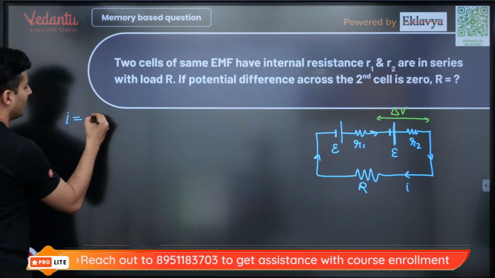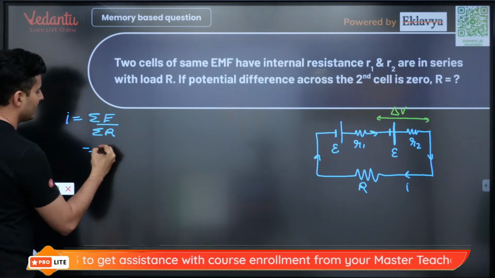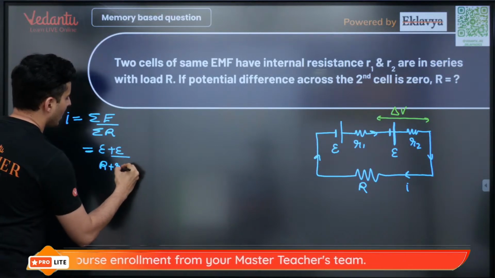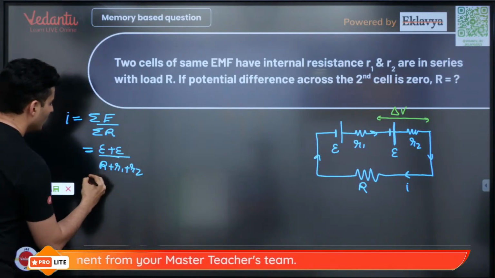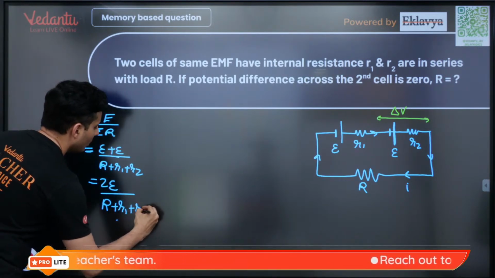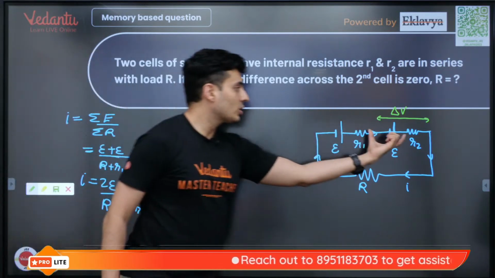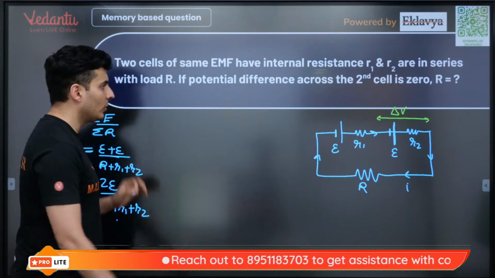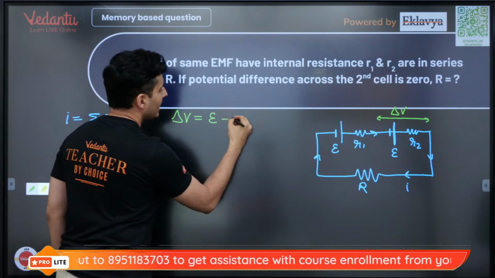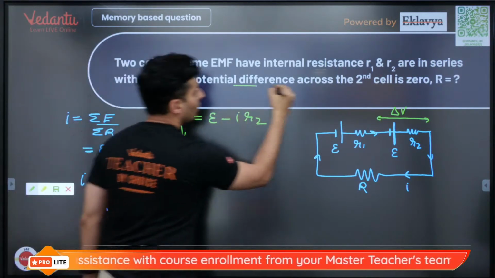The current will be given by total EMF by the total resistance, because everything is in series. Total EMF is E plus E, total resistance is R plus R1 plus R2. So it will be nothing but 2E divided by R plus R1 plus R2. That will be your current. As per the question, the voltage drop across the terminals of the second battery is 0. So basically delta V will be E minus I R2, and this is given to be 0 across the second cell.